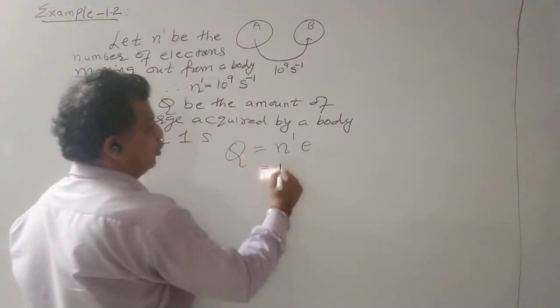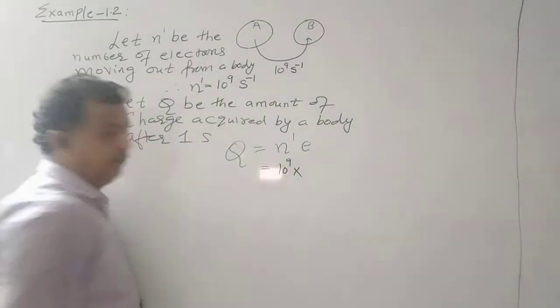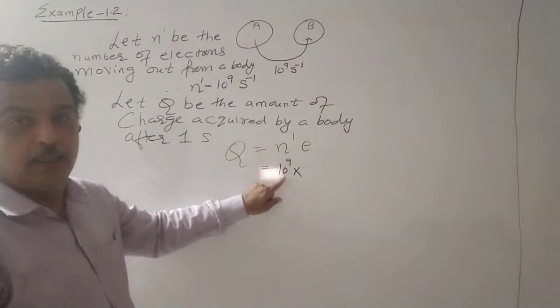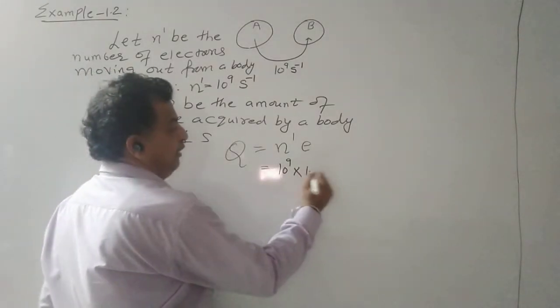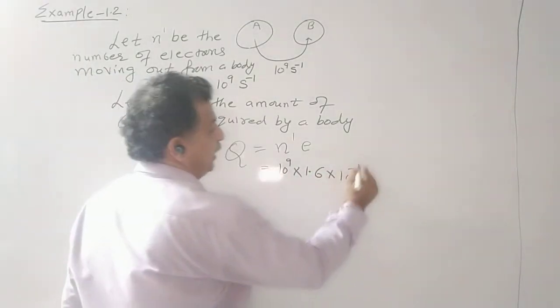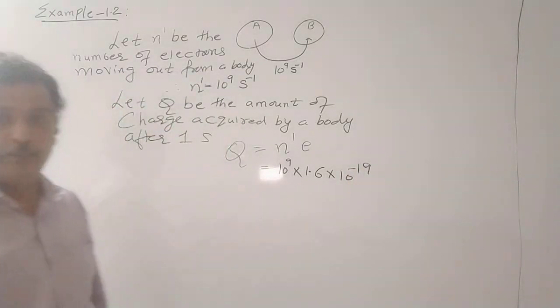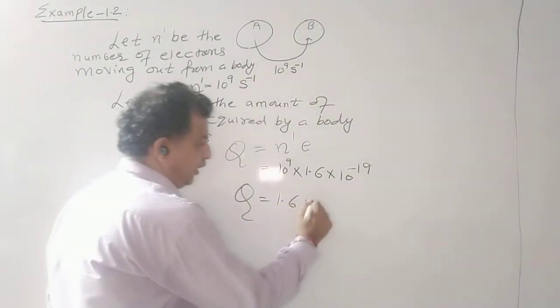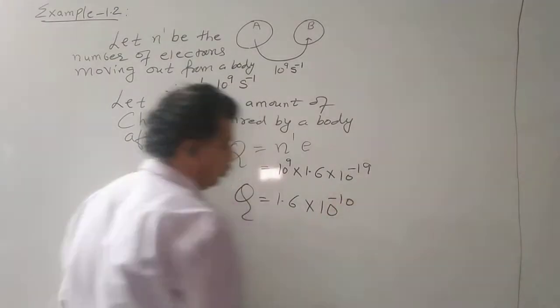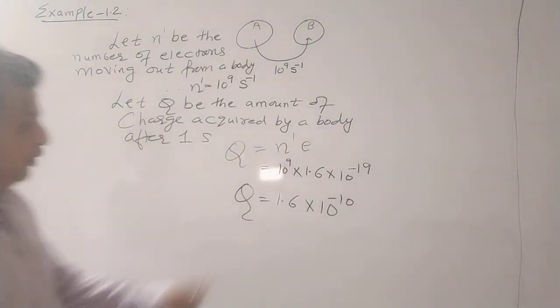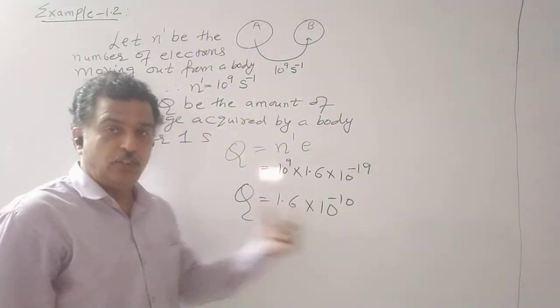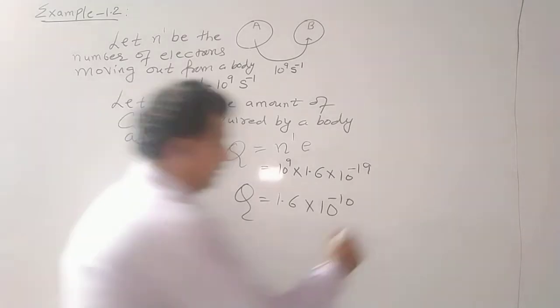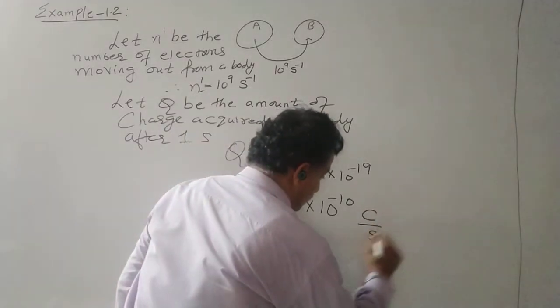So this is equal to 10 raised to 9, that is the number of electrons per second, multiplied by the value of e, 1.6 into 10 raised to minus 19 coulomb. So Q is equal to 1.6 into 10 raised to minus 10. Now this is not a charge, it is charge per second.